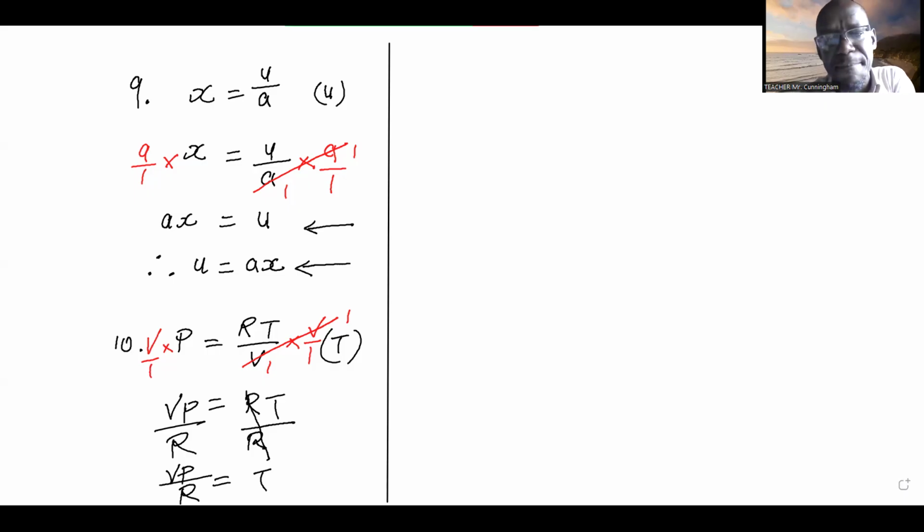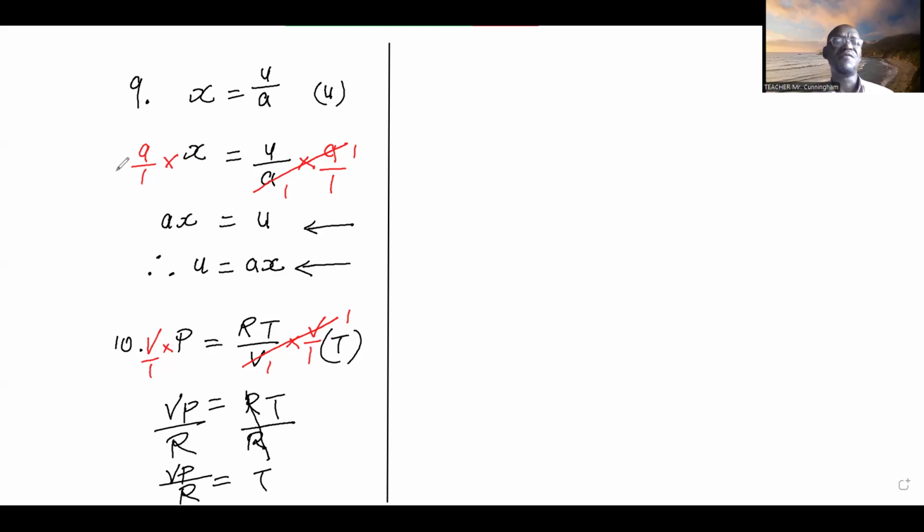That's the first step. Yes, sir. So now we have VP equal to RT, right? But we're finding for T. So we have to divide throughout by R because you have RT.